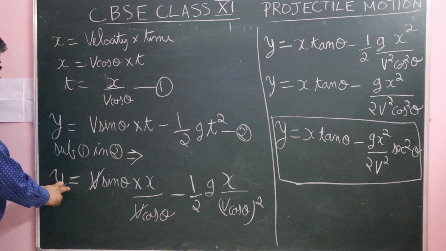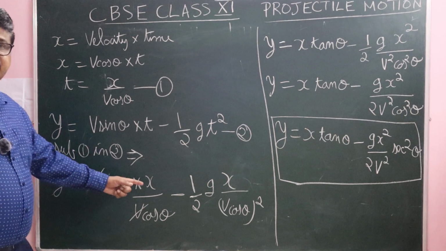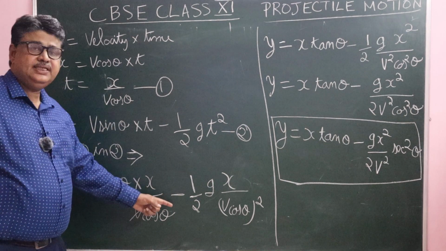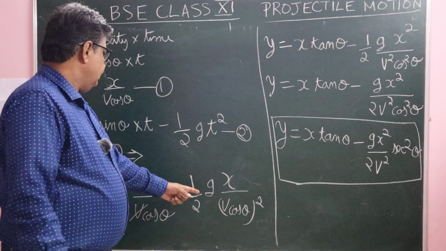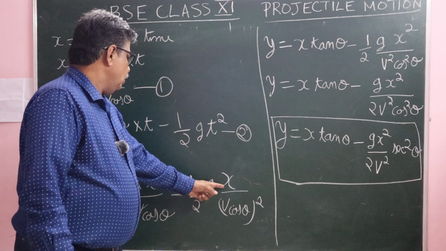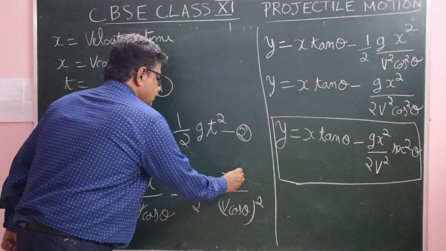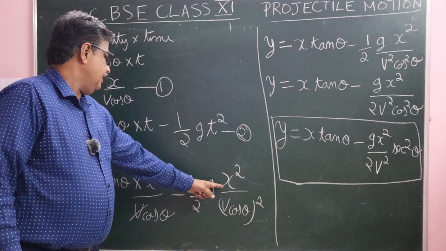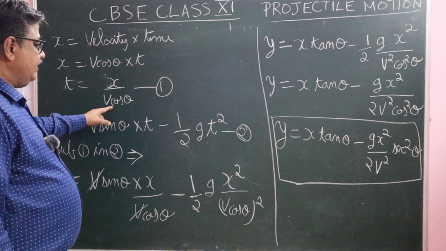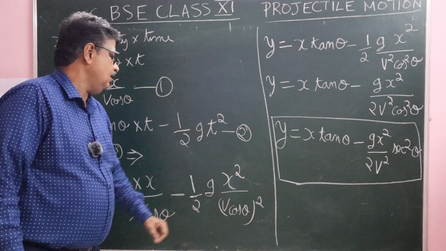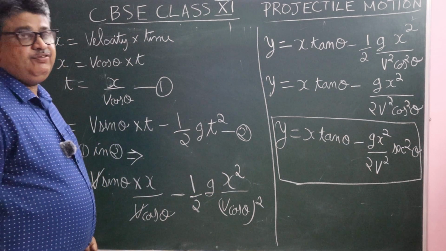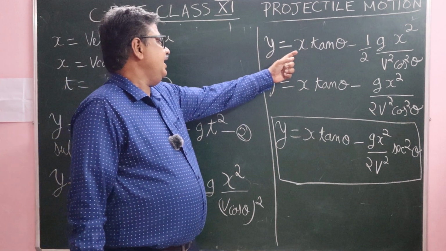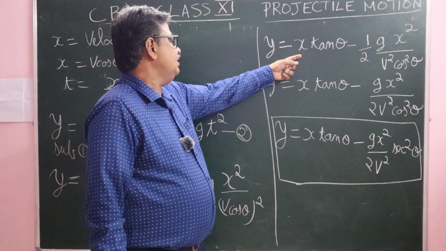It becomes y is equal to v sin theta into x divided by v cos theta, minus half into g into x square, because t is equal to x by v cos theta. Therefore x square by v cos theta whole square. Therefore y is equal to x tan theta.